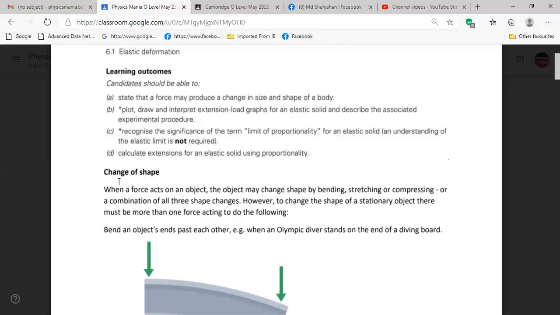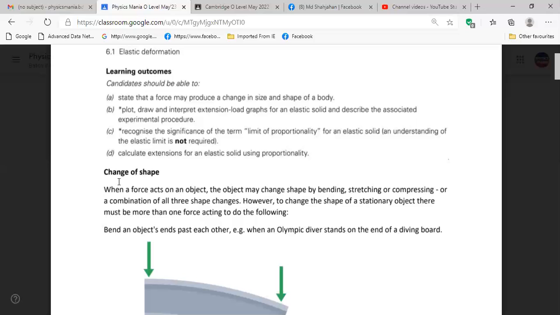Within a limit, it will follow that relationship. But if you cross that limit, then it's not following that proportionality. That's called elastic limit. Like one spring, if you give 100 gram, then you are getting the extension 5 millimeter.